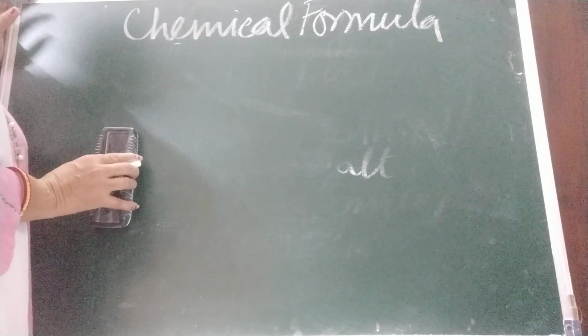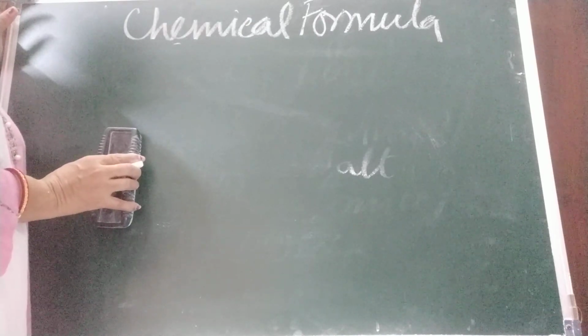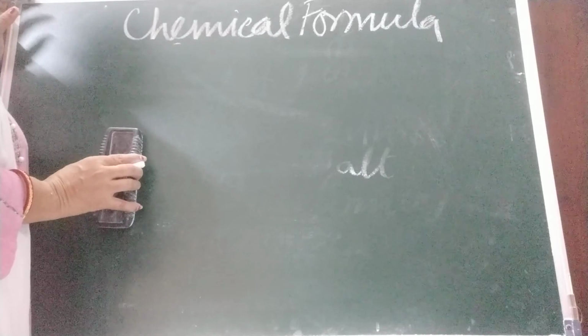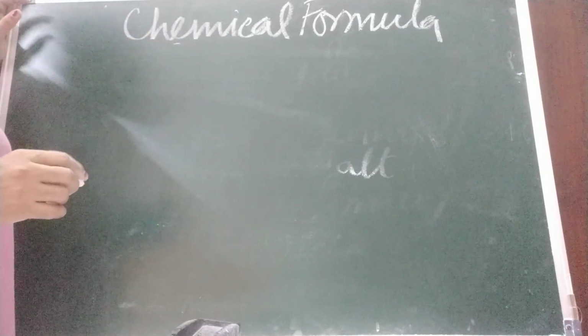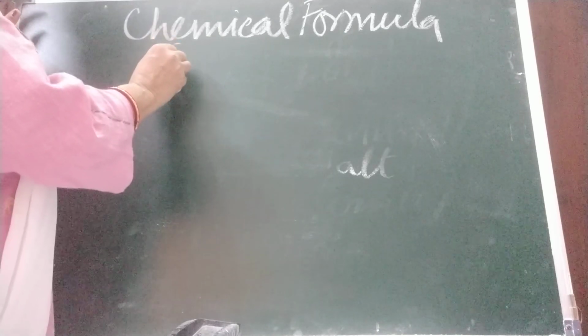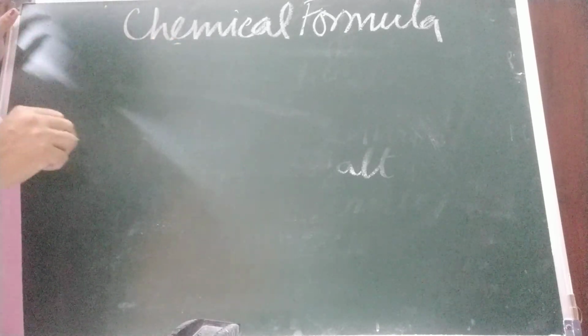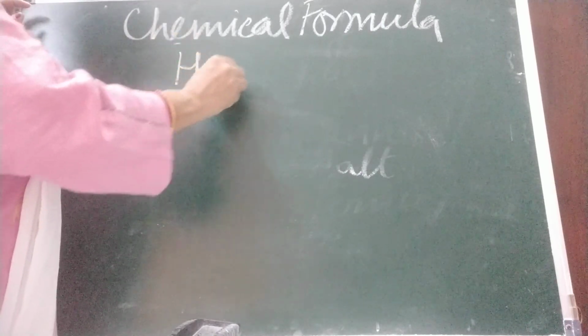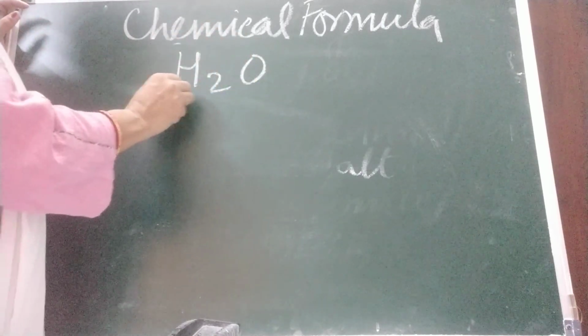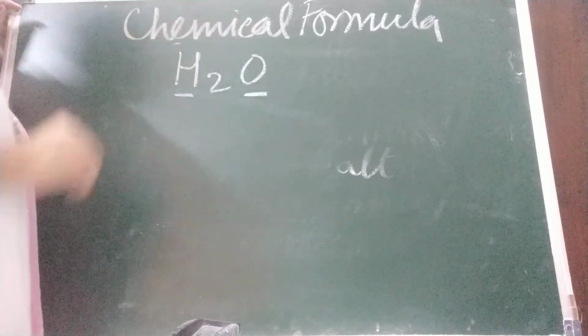To make the chemical formula of a compound, we must know the constituent elements. Constituent elements means which elements have been used in that compound. Suppose I am talking about water, which constituents are there? Hydrogen and oxygen.